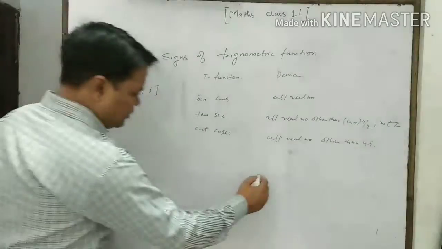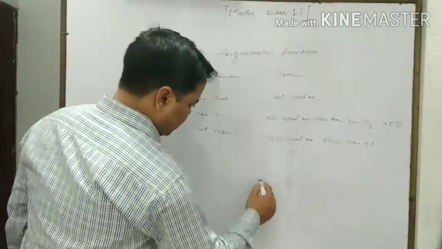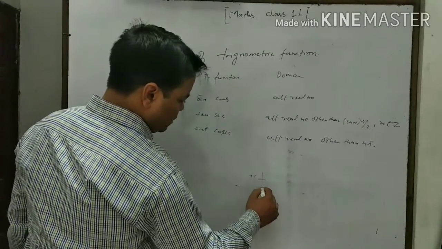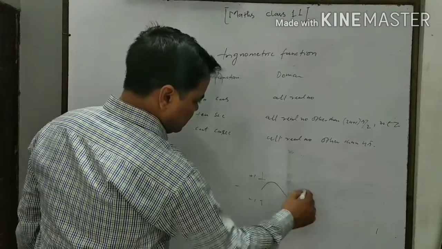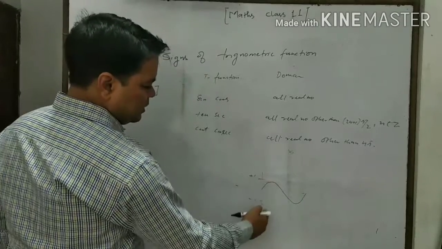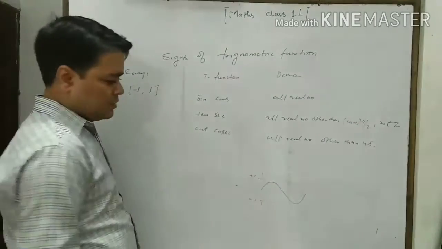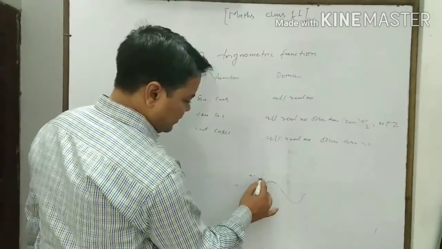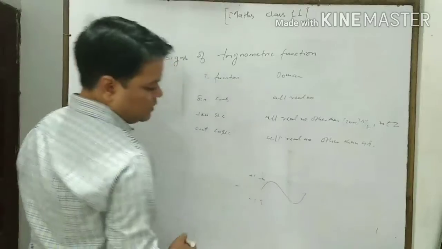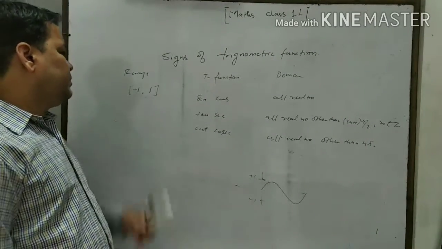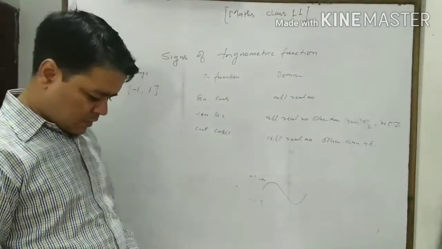Okay, means if we plot a graph, here it will be +1, -1. One graph will be like this. Here maximum +1 and minimum -1 for sine, and for cos it will start from here. In both cases, for sine and cos, the range will be -1 to +1.